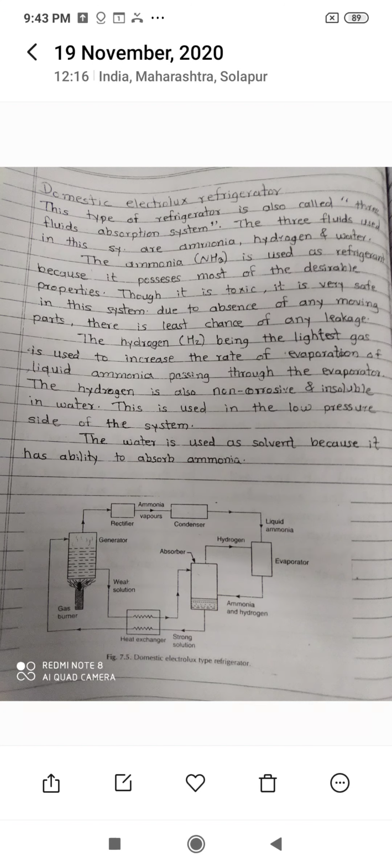Now this strong solution enters the generator through the heat exchanger. In the generator, with the help of heat, a separation takes place between the absorbent and refrigerant. That means ammonia gets vaporized, and the weak solution, which is some amount of ammonia and water, returns to the absorber through the heat exchanger.